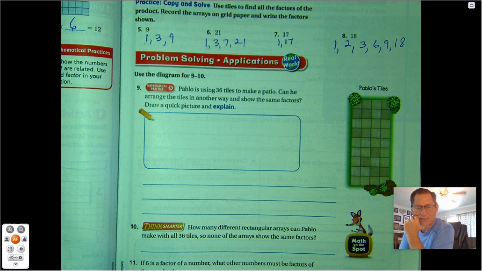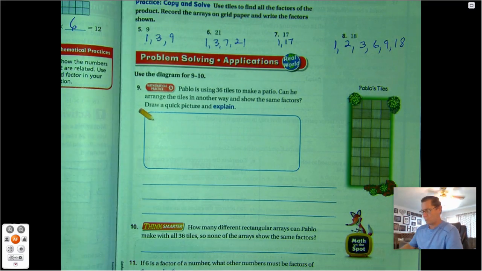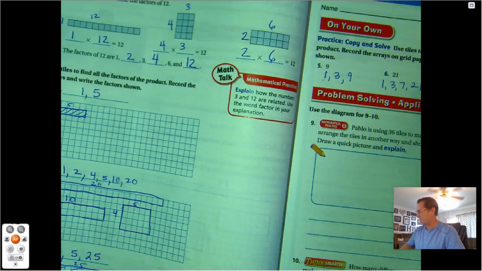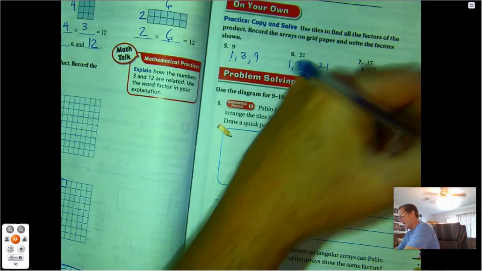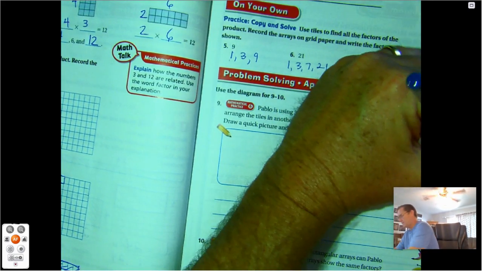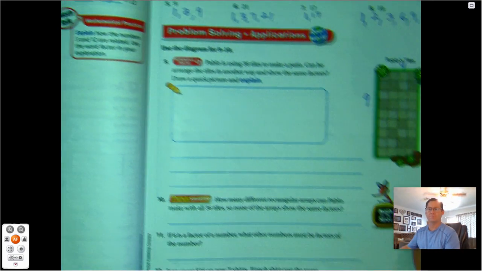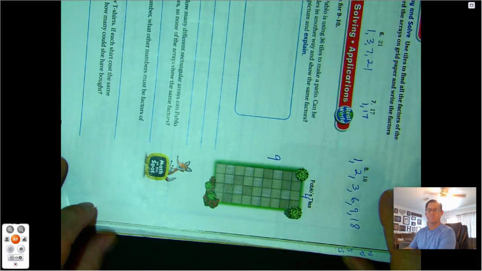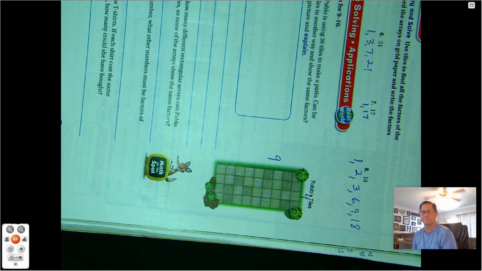Well, same factors. So right now he has 9 rows of 4. What if he did this? What if he had that instead? Now he wouldn't have 9 rows, he'd have 4 rows of 9.